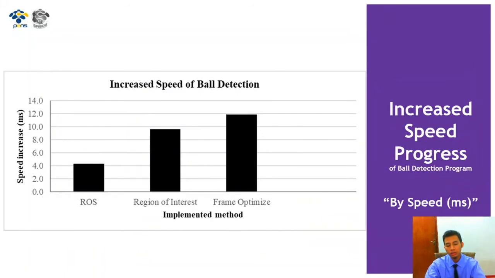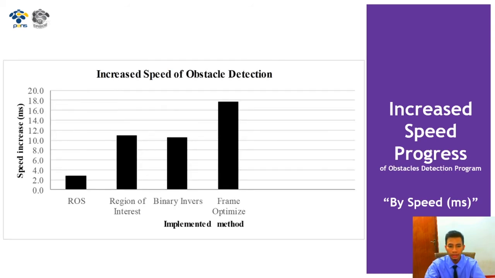After we saw the video, this is the graph of the speed increase progress. For ball detection, rows take 5 milliseconds, and implementing region of interest, the maximum takes 9 milliseconds. With optimizing the frame, it takes around 11 milliseconds. And then in obstacle detection, this is the graph.